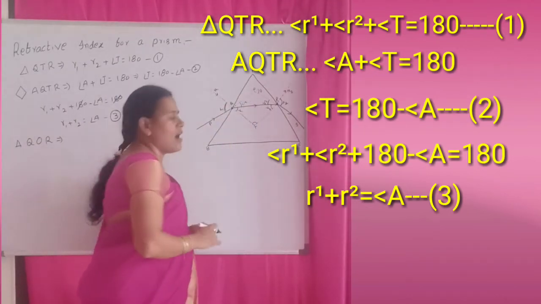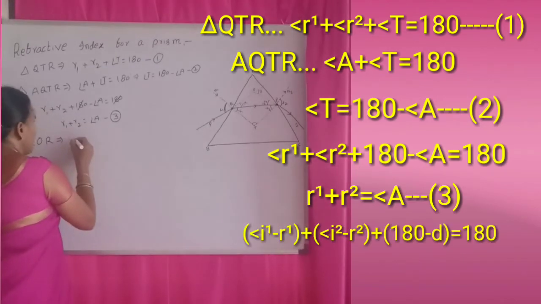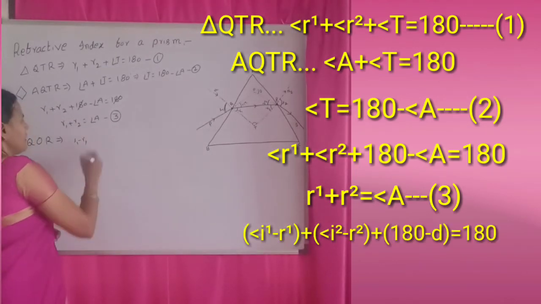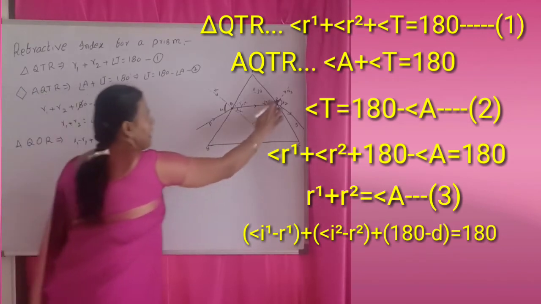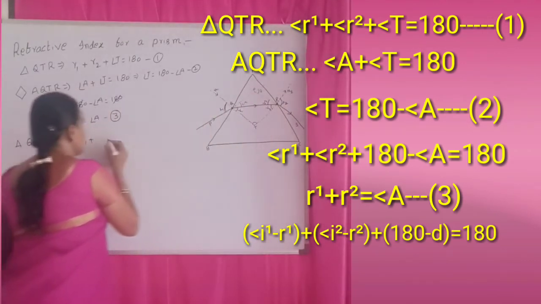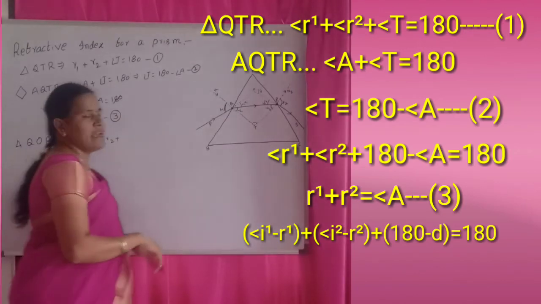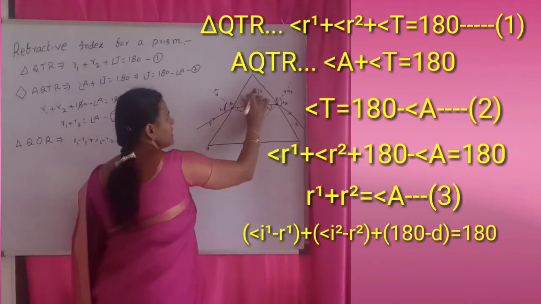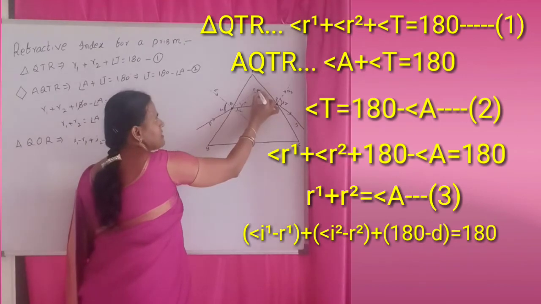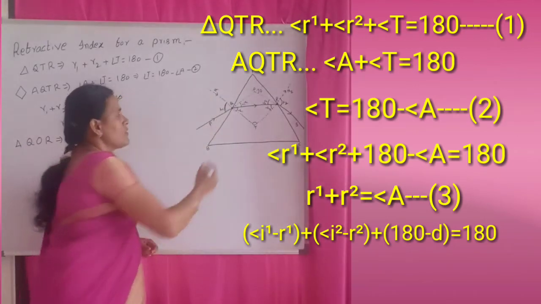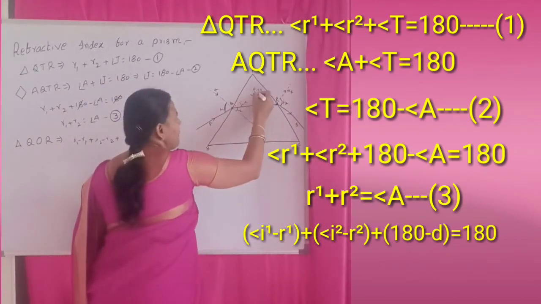I1 minus R1. So at that point it is I1 minus R1, plus at the R point the angle is I2 minus R2, plus, here observe at the point O, it is a straight line. Some angle is equal to the deviation D. So the remaining will come to 180 minus D.